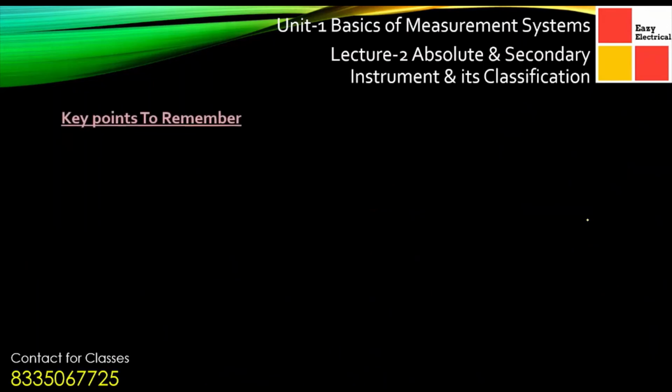Now, some of the key points to remember: first of all, we have observed that the PMMC type instrument is the one instrument which is used to measure DC only. Other than that, EMMC type and MI type instruments can be used on both DC and AC.